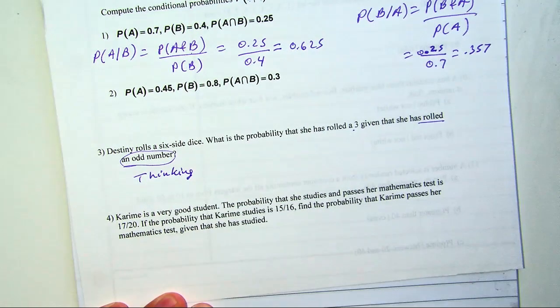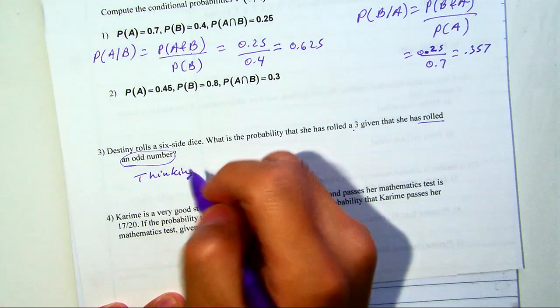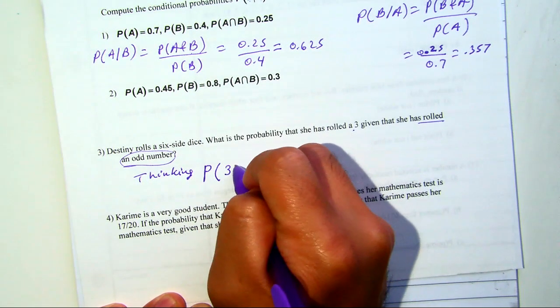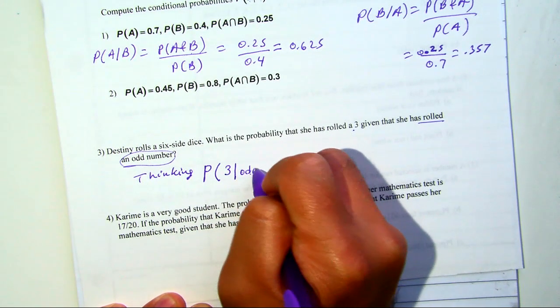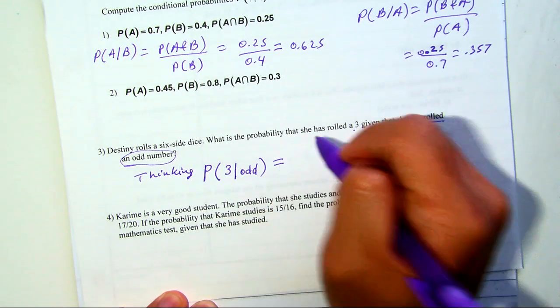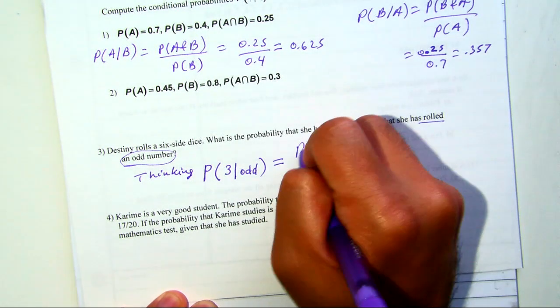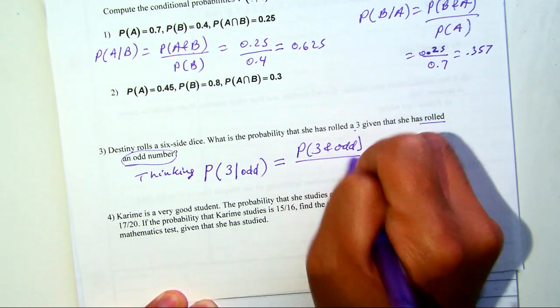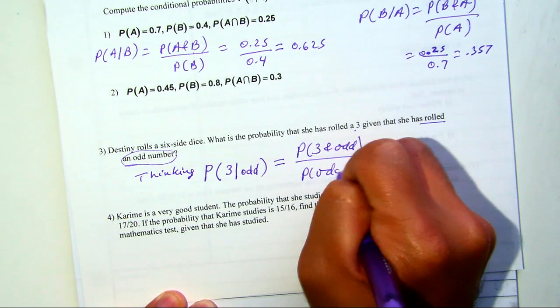We need to start to write down what we know. 3 is what we are looking for, given that it is an odd number. Then we write down the probability: 3 and must be odd over the probability of odd.